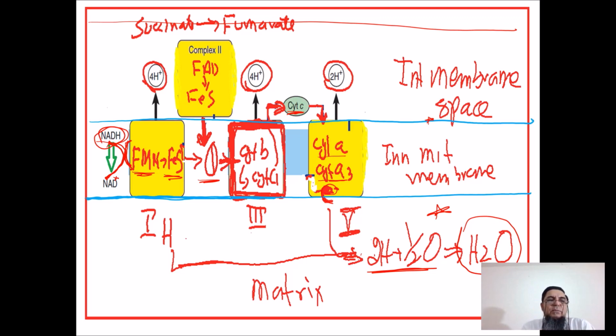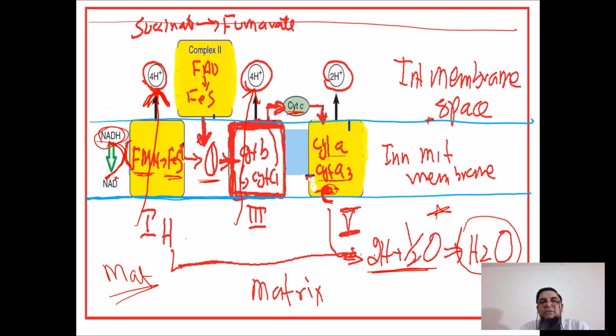What happened at complex number 1? When the electron is shifted, the hydrogen is pumped. So complex number 1 pumps hydrogen from the matrix into the intermembrane space. Similarly, complex 3 also pumps hydrogen from the matrix to the intermembrane space.